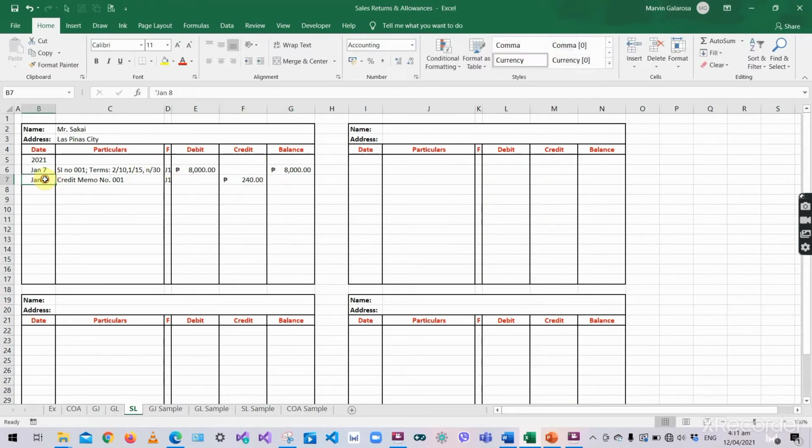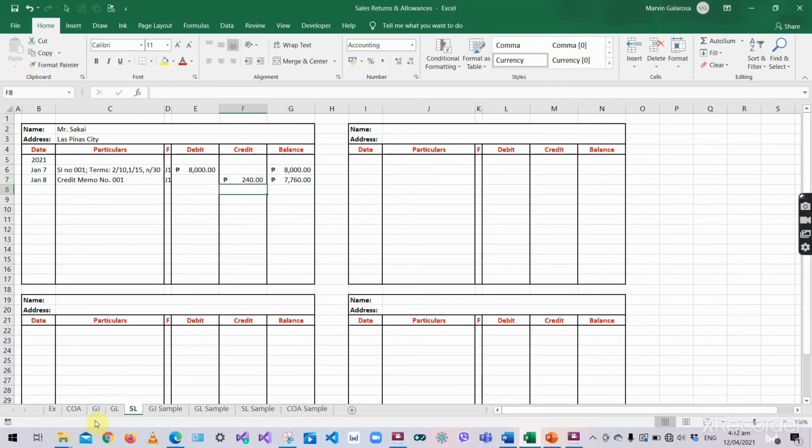So, as of January 8, magkano na yung balance ng account receivable from Mr. Sakay? Yun ay balance ng una, January 7, add debit, subtract credit, 7,760 yung balance ng accounts receivable natin sa kanya.